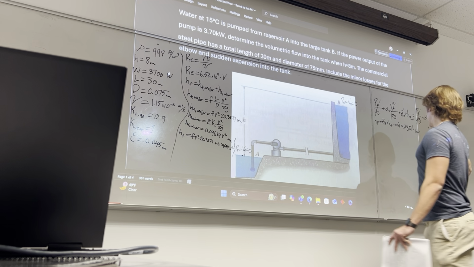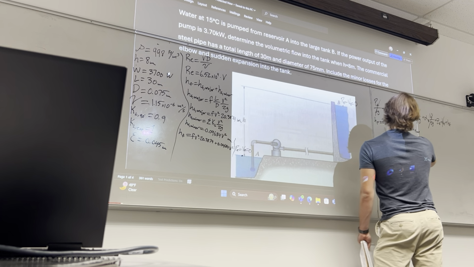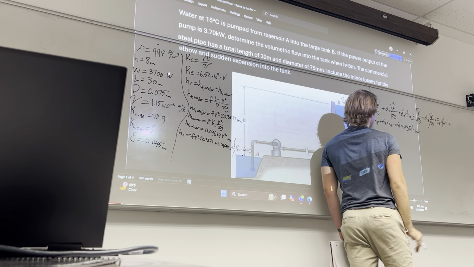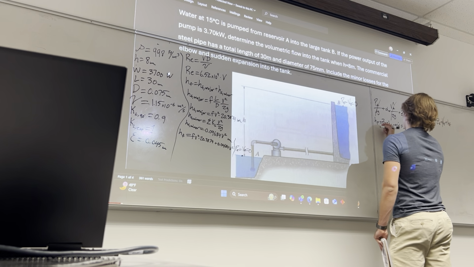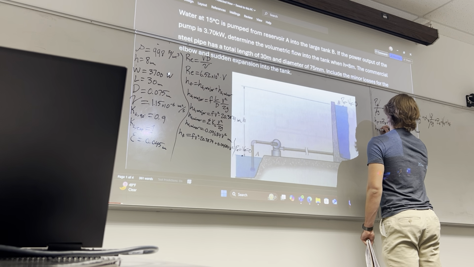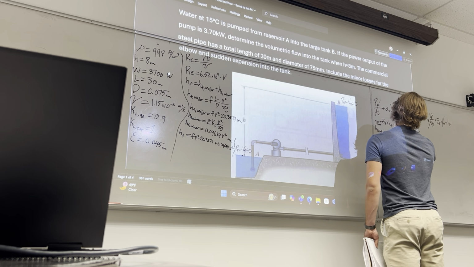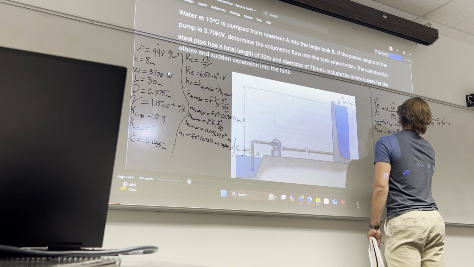So let's rearrange this, because we ultimately want to solve for H pump, because that'll get us all the other stuff we need to know. So H pump equals W dot over rho G Q.